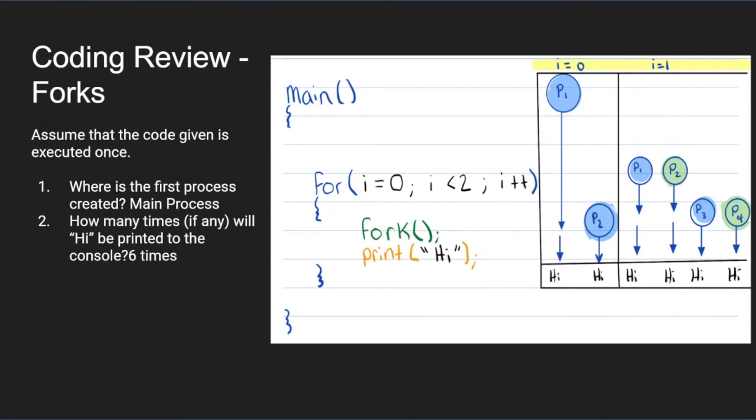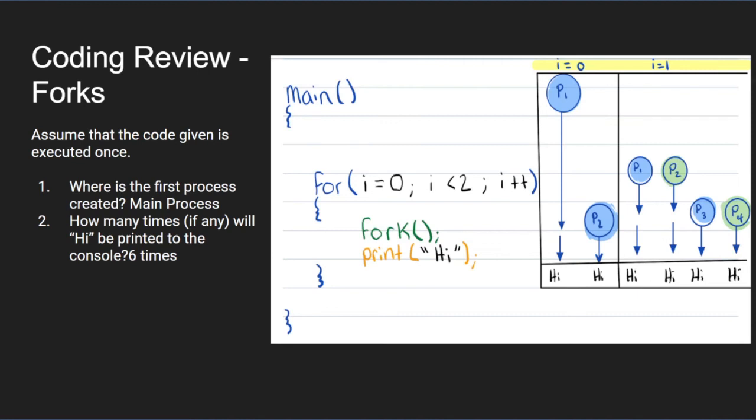So P1 and P2 are parents. P2 is both a parent and a child, but P1 is just a parent. How many processes would we have if it was i less than 3? So if i was less than 3, you'd have P1, P2, P3, and P4 each creating a process.